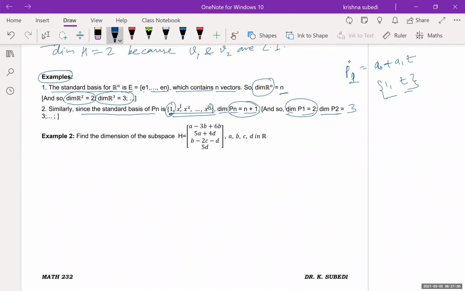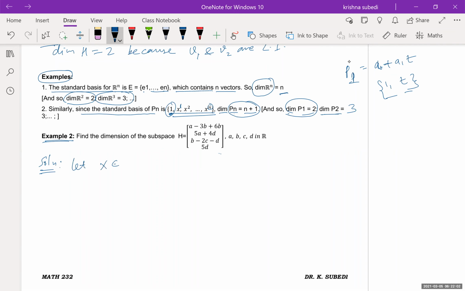Okay, now let's look at another example. Example 2. Find the dimension of the subspace H given by this matrix. All you need to do in this case is figure out what vectors span H. So you can write this.